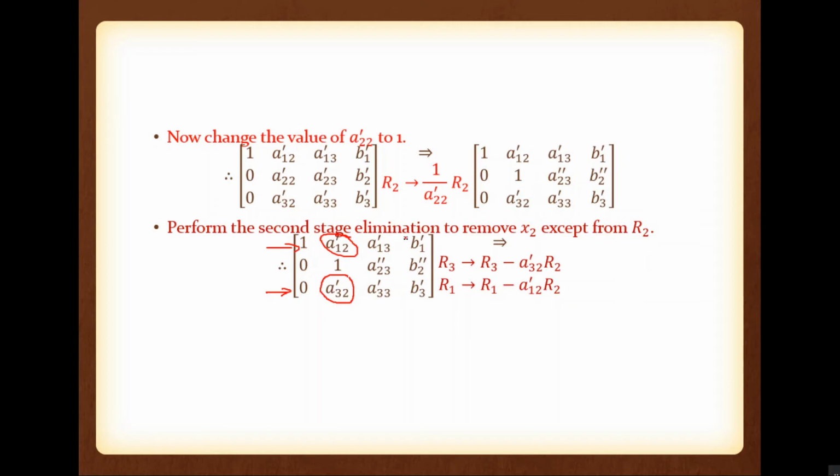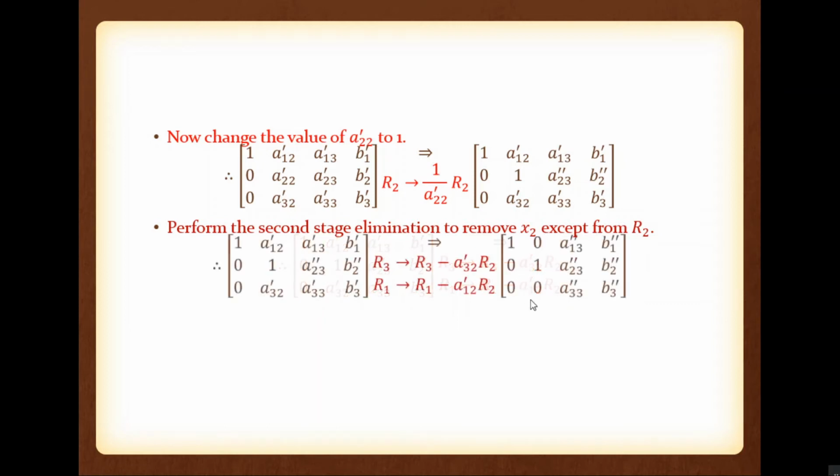Now, after this row operation, the augmented matrix is: the first row is modified, 1, then this element is 0, then this is A13 double dash, please note this is A13 double dash, this is B1 dash. You can see that 1 is not modified. Why? The corresponding element of R2 is 0. This is 1 minus A12 dash into 0, so this 1 is not modified.